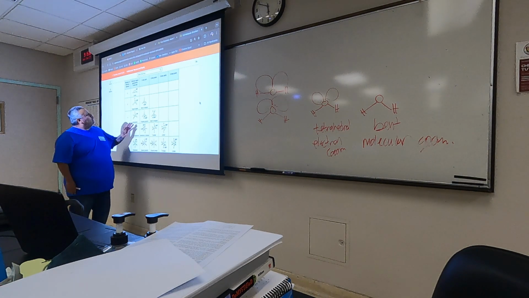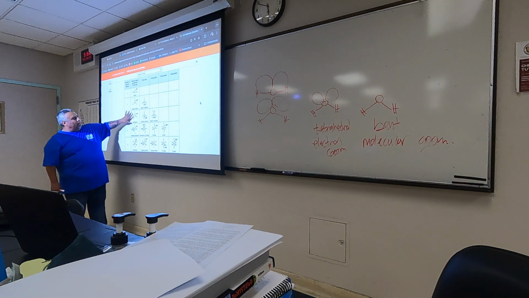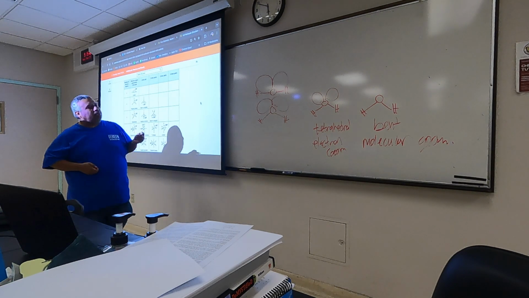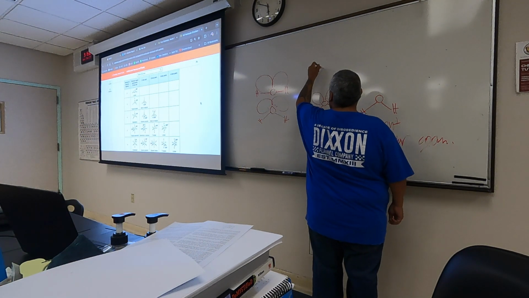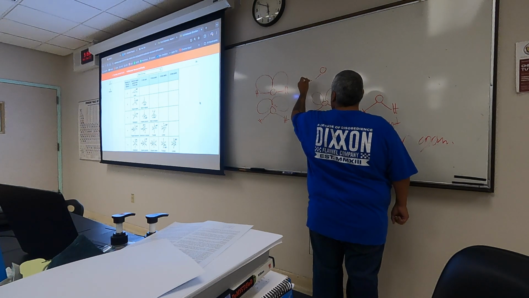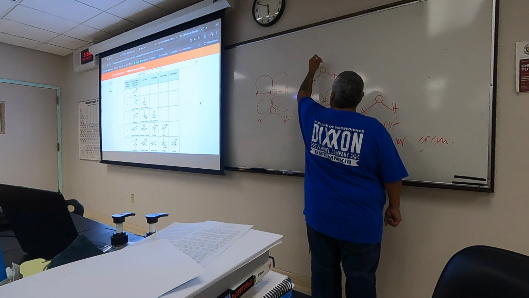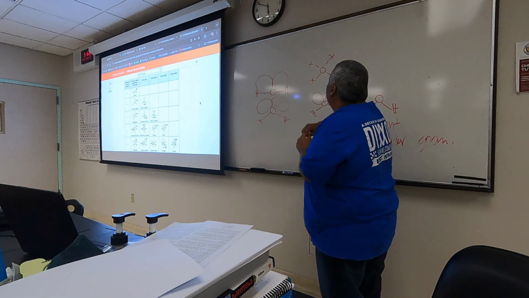The electron geometry takes into consideration the space occupied by lone pair electrons. So here, this looks like, I'm not going to write in the dashes and wedges what we get.